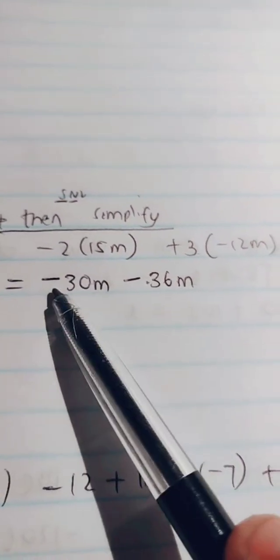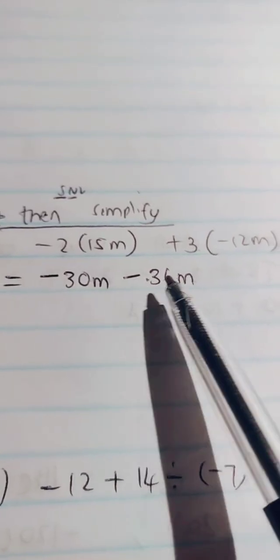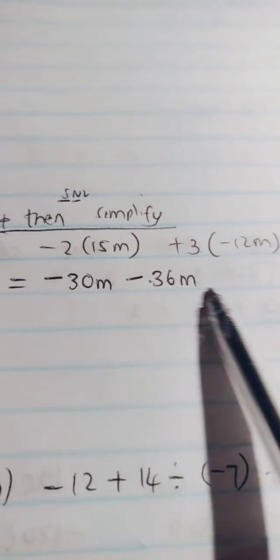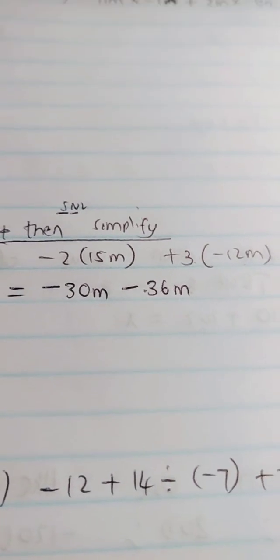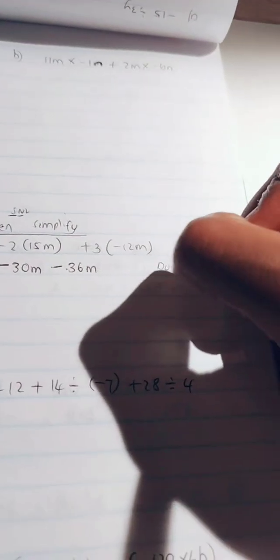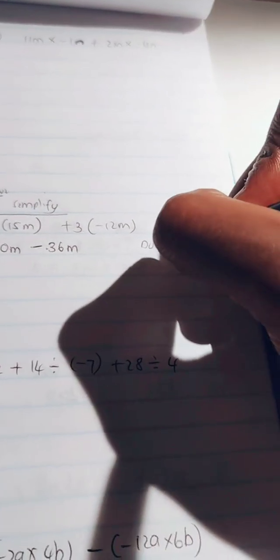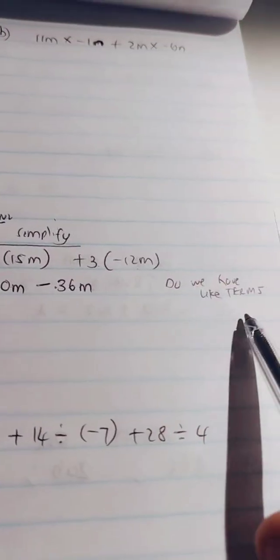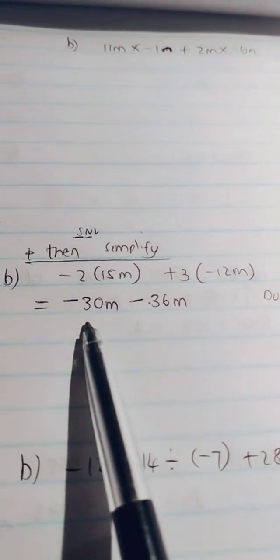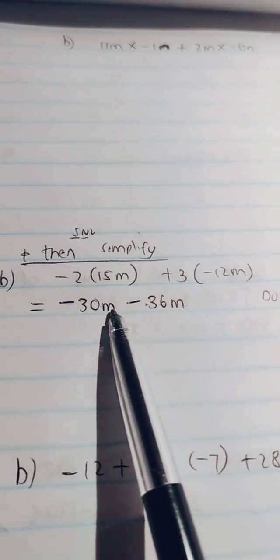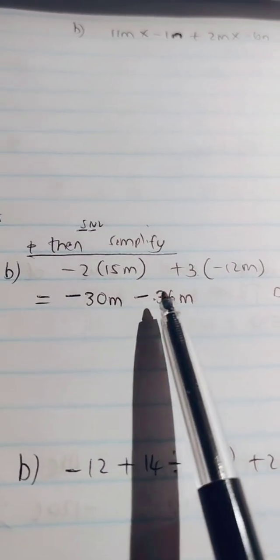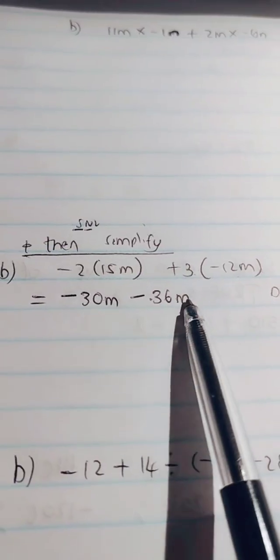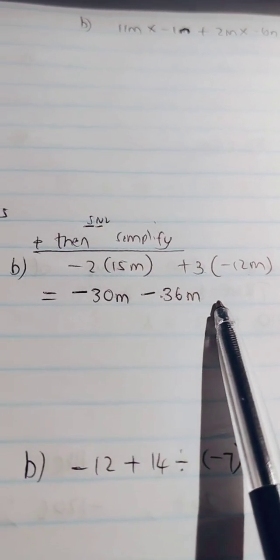Now that we are at this stage, negative 30m minus 36m, we look at these two terms and we ask ourselves, do we have like terms? If we look at the negative 30, it has m attached to it. We look at the negative 36, it has m attached to it.